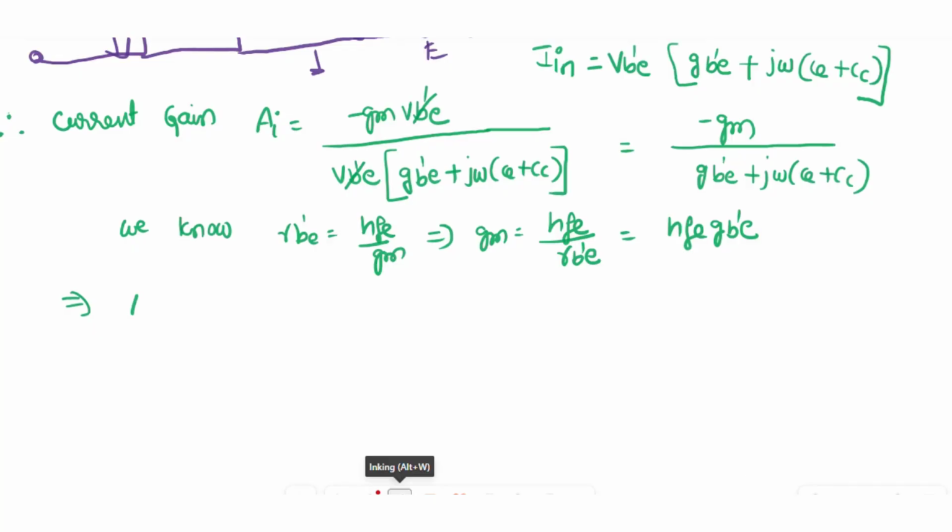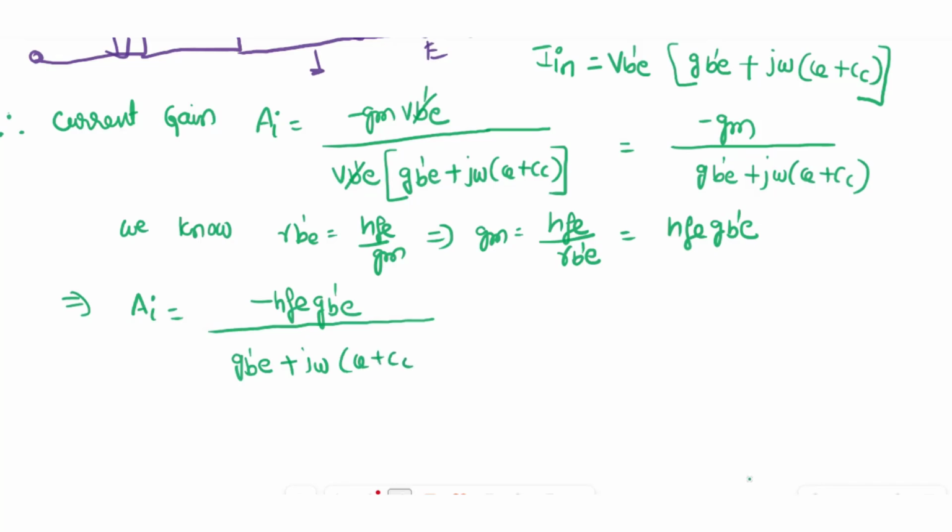This implies Ai is minus hfe into Gb'e by Gb'e plus j omega of Ce plus Cc. So cancel Gb'e in the numerator and denominator.